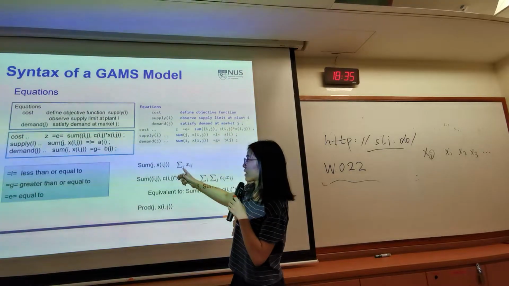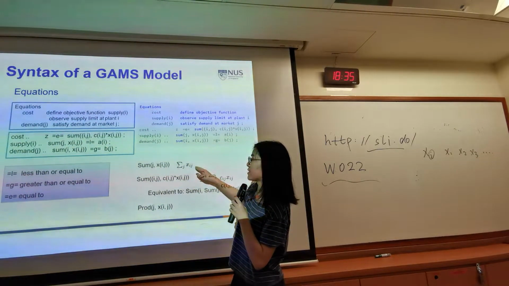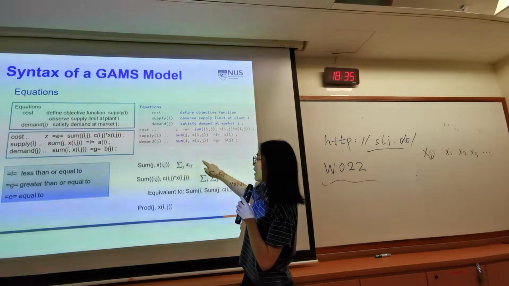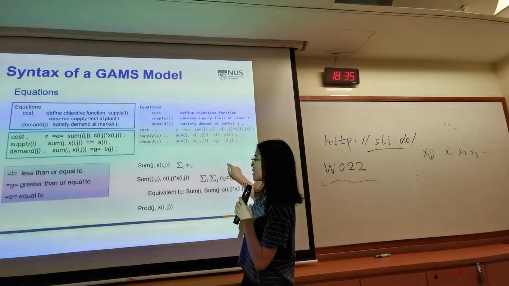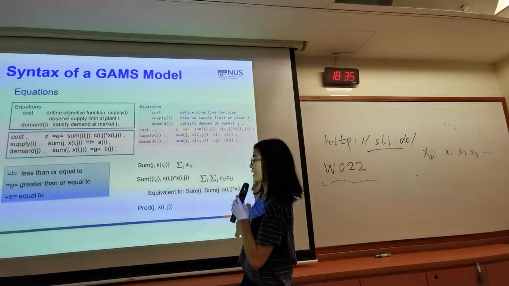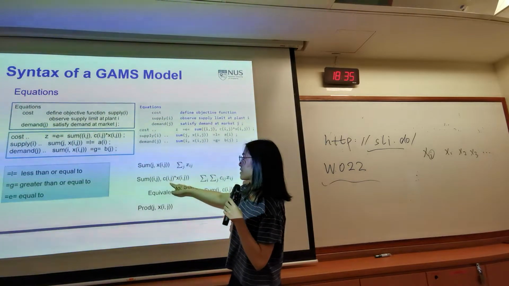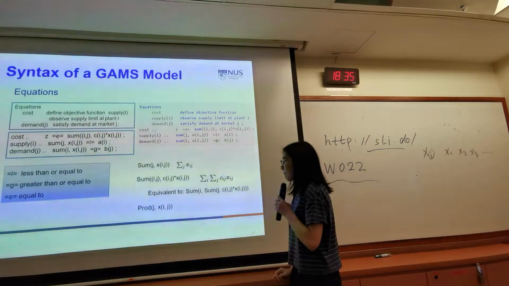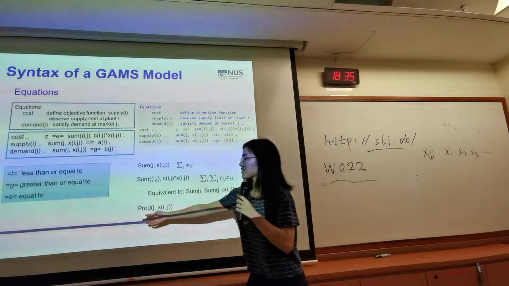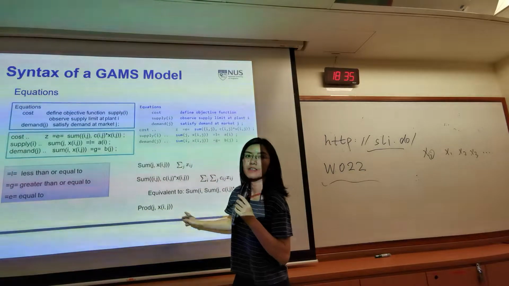Here we only sum all the j items. For example, this is equal to Xi1 plus Xi2 plus Xi3, all the elements. And this one means summing up all. Okay. This is the product of Xij.